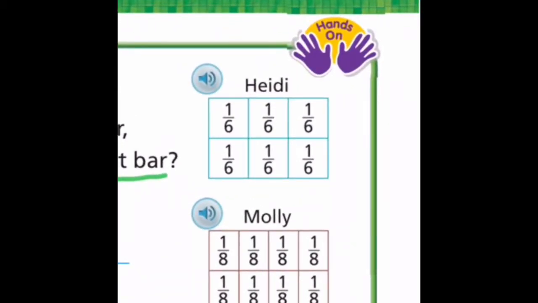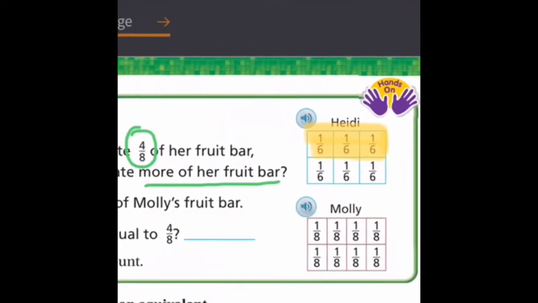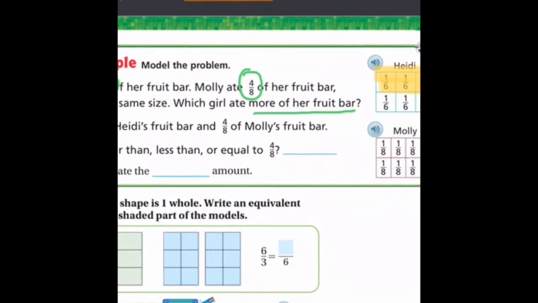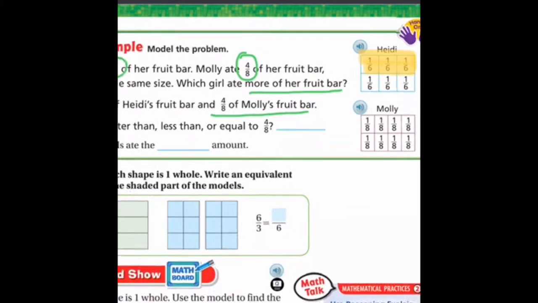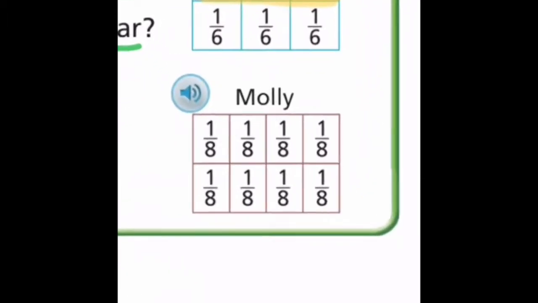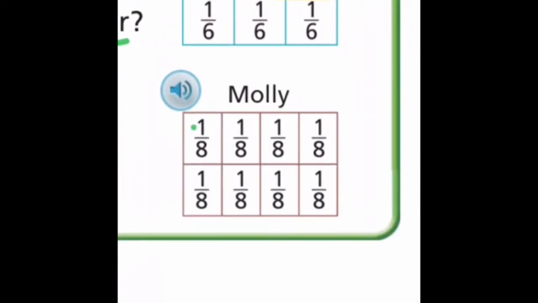Shade that in. I'm going to choose, let's go with yellow. Shade in 3/6 of Heidi's. Okay, there's Heidi's. And then it says 4/8. Shade in 4/8 of Molly's fruit bar. So we go to Molly's, 4/8 of that one, and it helps if I use the right pen. 4/8 of Molly's is this amount right here.